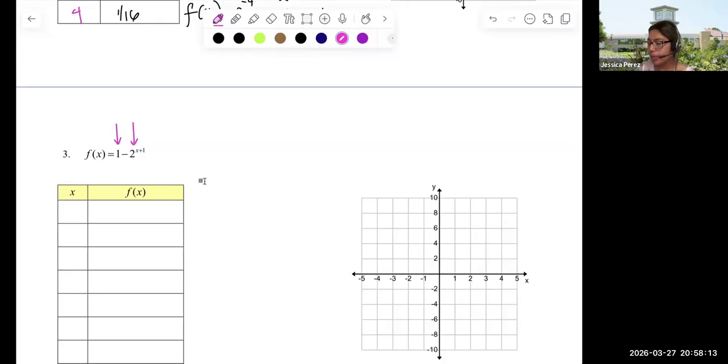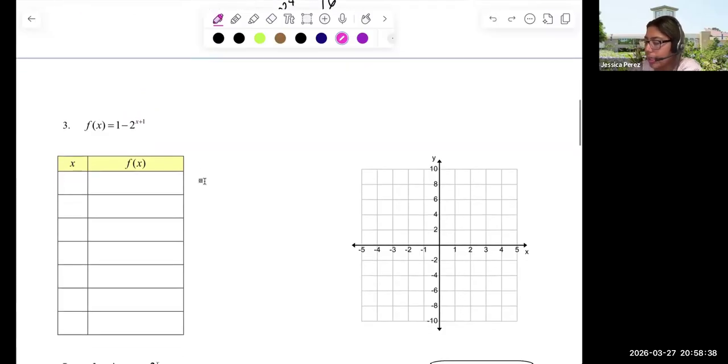So what we're going to use is we have different things. We are going to be substituting. So if we go back, if we have our function, notice that this looks like 2 to the x. I know how the graph of that looks, kind of. I'm going to add the value 1 to it.